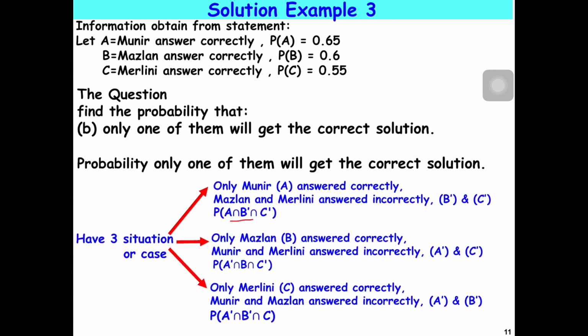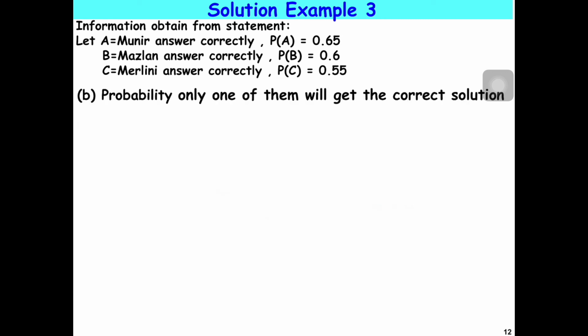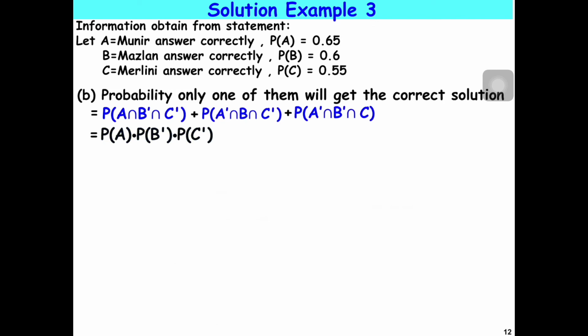Okay, so from that, the probability that only one of them will get the correct solution equals probability A intersect B complement intersect C complement, plus probability A complement intersect B intersect C complement, plus probability A complement intersect B complement intersect C. And remember, for a tree diagram, add between branches.